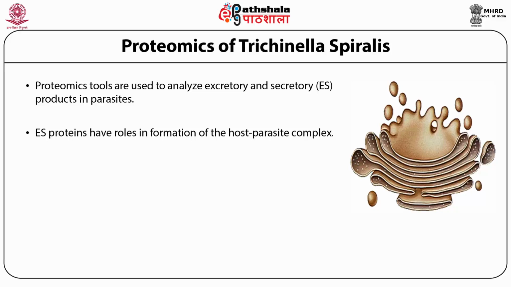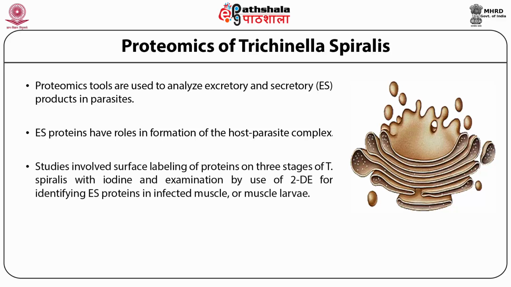Early studies involved surface labeling of proteins on 3 stages of Trichinella spiralis with iodine and examination by 1DE, or use of 2-dimensional electrophoresis for identifying excretory-secretory proteins in infected muscles or muscle larvae.